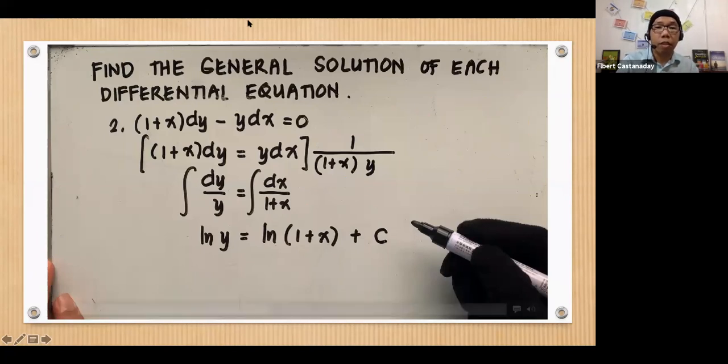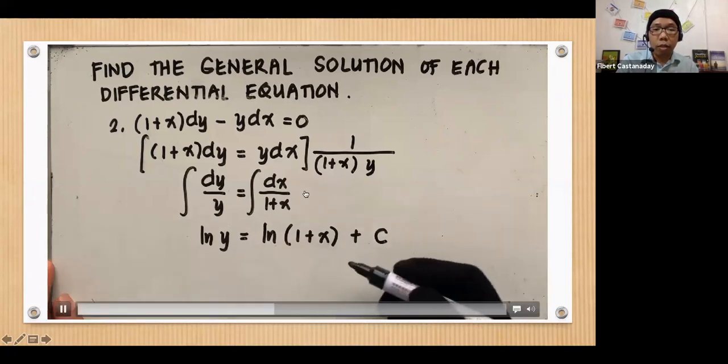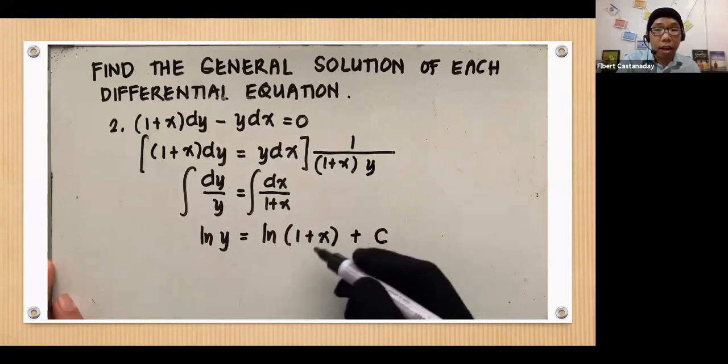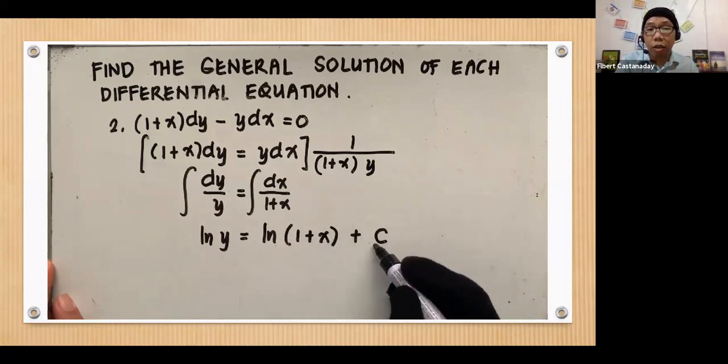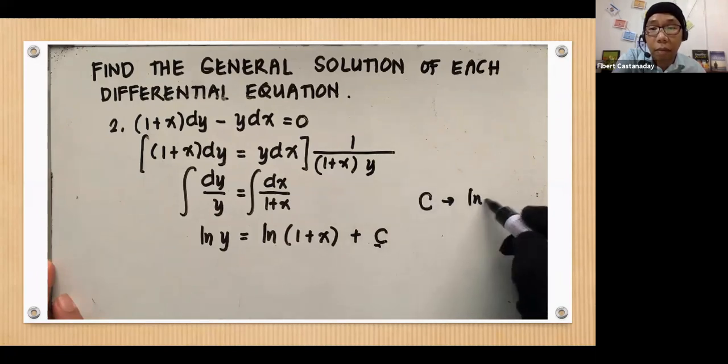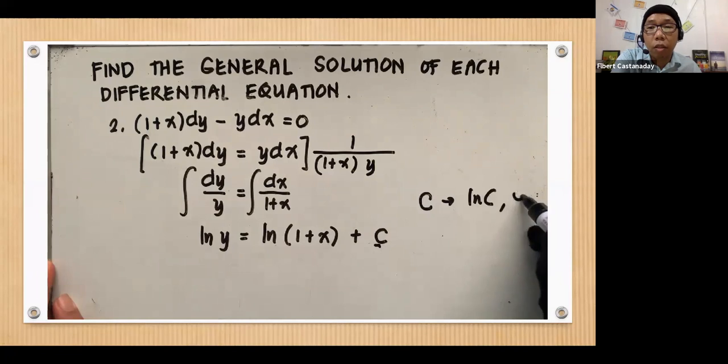Okay, now let's continue here. Since the left-hand side is ln and the right-hand side is ln, you can simplify this equation by replacing c with ln of c. Whichever is appropriate so that you can simplify the entire equation.